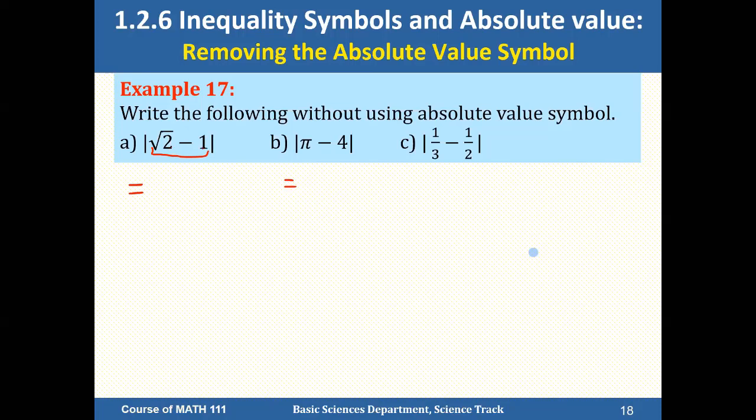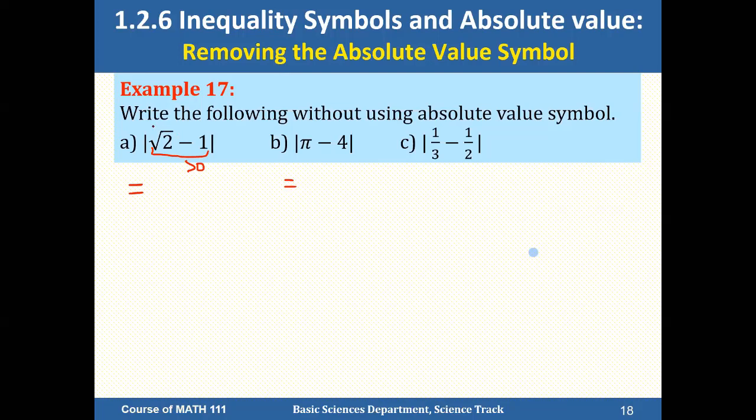هنا square root of 2 minus 1 is it positive or negative؟ Positive. ليش positive؟ Because it's bigger than 0, because square root 2 is bigger than 1.